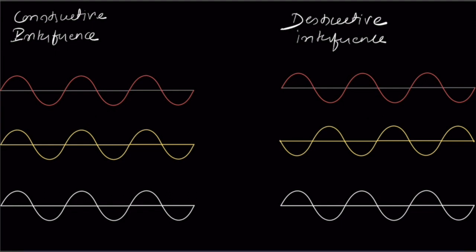On the left side, they are in complete phase, or I can say the delta phi here is 0, or it can be 2 pi. It is the same thing. If the delta phi is 0, they are in complete phase, and they will do constructive interference. And destructive if they have a difference of pi, which these two on the right are showing.